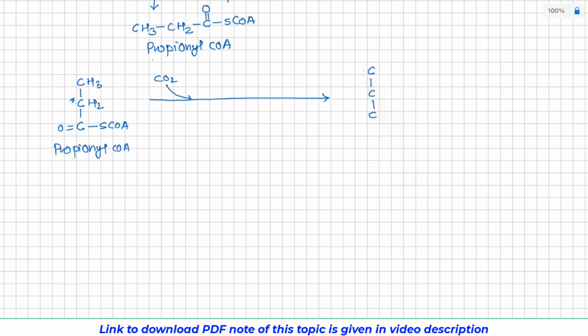The first carbon is unchanged, so CH3. On the second carbon, the carbon dioxide is added, so one hydrogen will be lost, there will be only CH, and then it will be bound with COO minus. This is our carbon dioxide. And on the third carbon, the structure remains the same.